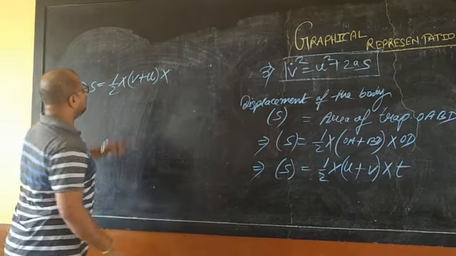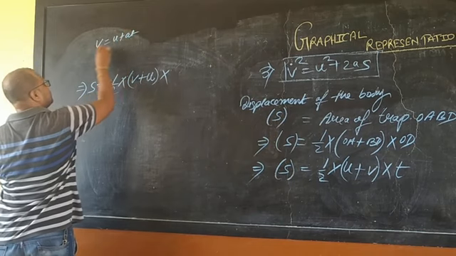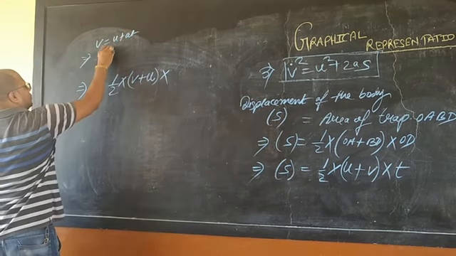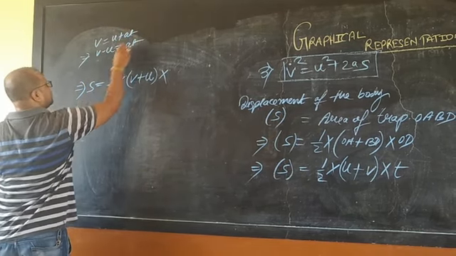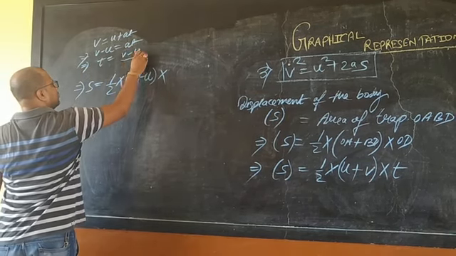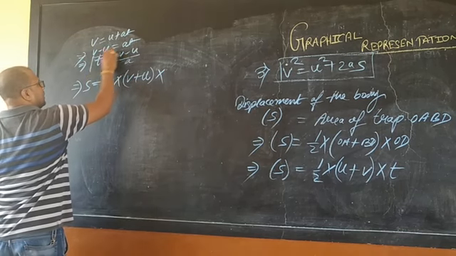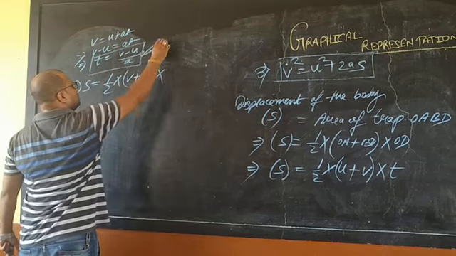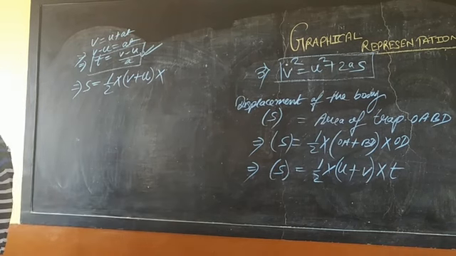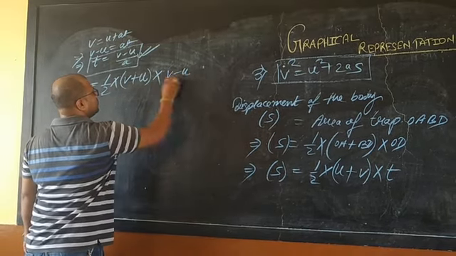In place of T, students, we have the formula V is equal to U plus AT. So V minus U is equal to AT. So T is equal to what? V minus U by A. Students, in place of T, we can use this particular value. Let's place it. So in place of T, we can place V minus U by A.